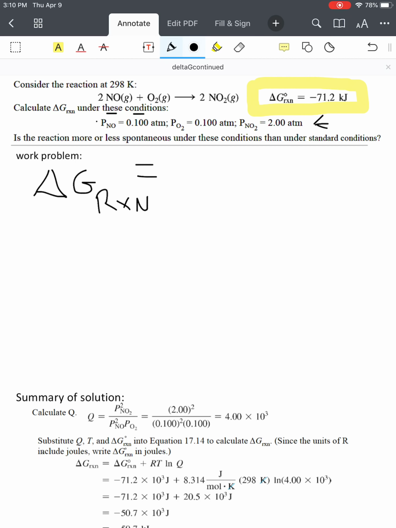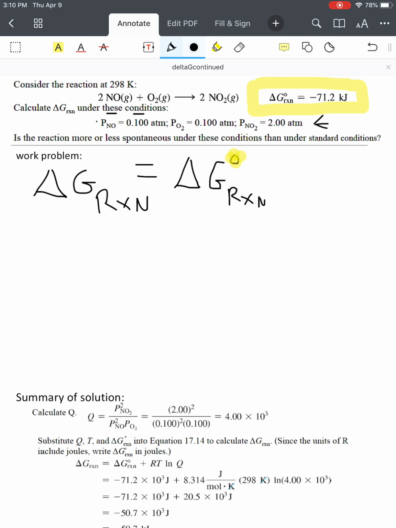We need to remember the equation. And the equation for non-standard conditions stipulates that the delta G reaction for non-standard, that's what's on the left of the arrow, is equal to the delta G 0 for that reaction. It's the same reaction, but again, the difference is this 0, okay? I cannot stress that enough. The 0 is there on the right side.